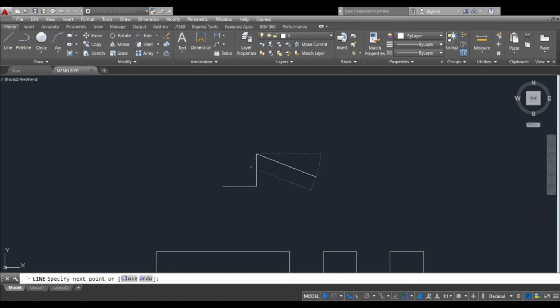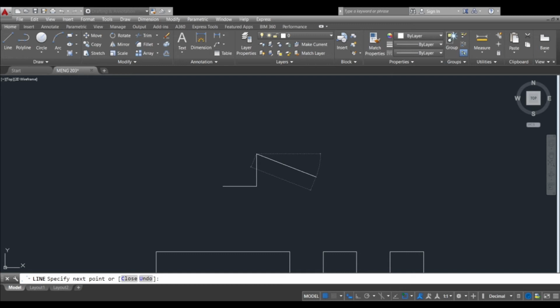So, computing the C or the hypotenuse, we have A squared plus B squared. Since they are both 1, so 1 squared plus 1 squared, square root of 2. And the length of our C or our hypotenuse is 1.4142.